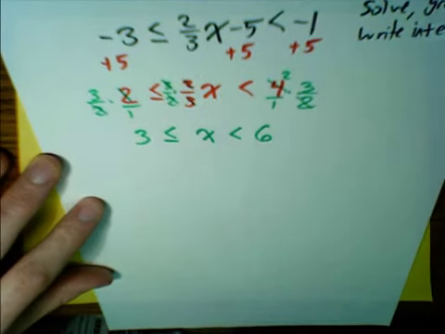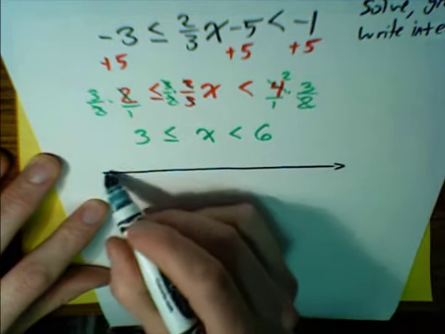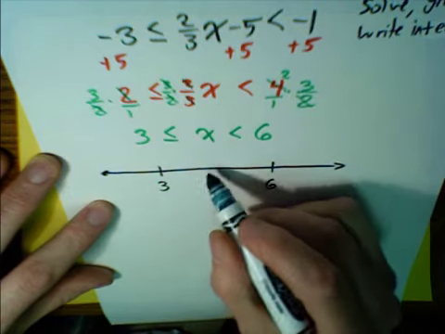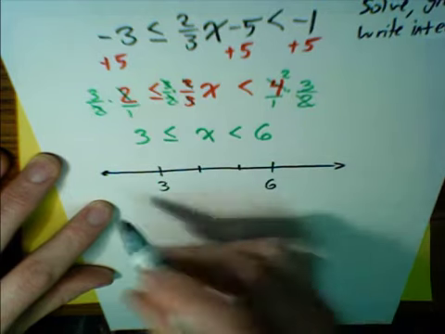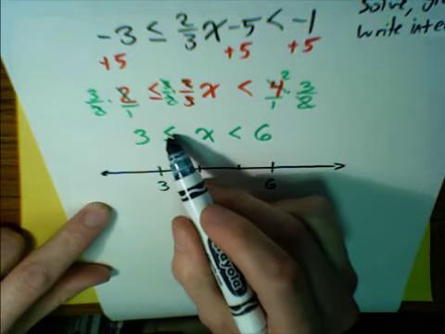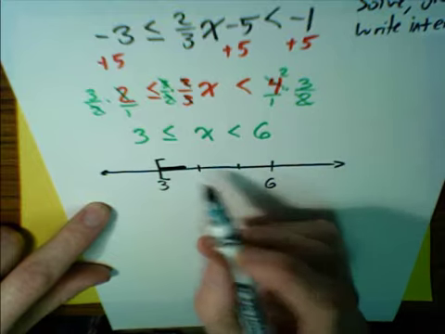To graph this, the numbers I'm interested in are 3 and 6. I want to put in other numbers you may. X is going to be greater than or equal to 3, so I'm going to put a bracket in here. I'm going to shade to the right.